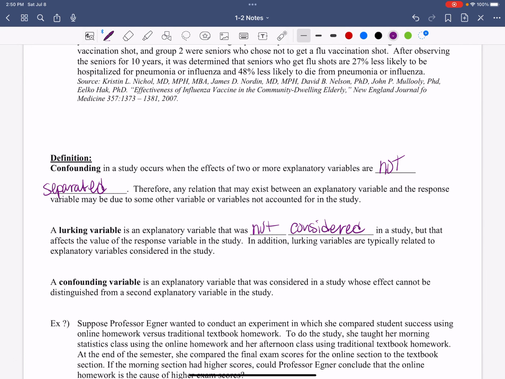So a confounding variable is an explanatory variable that was considered in a study whose effect cannot be distinguished from a second explanatory variable. Sometimes there's no way to get around it. You just have to call it out. Here's a confounding variable. There's nothing I can do about this. If you're talking about the weather and you have to be outside on something, you don't have control over that. That is a confounding variable because you don't have control over it and it is not separated, right? There's nothing you can do about it. That's what makes it confounding.